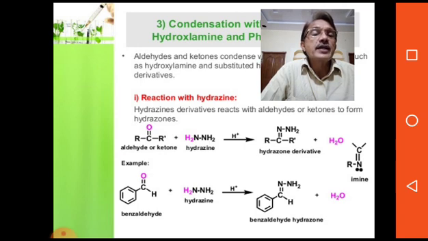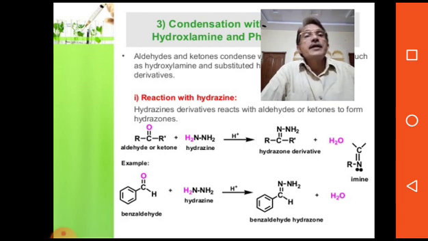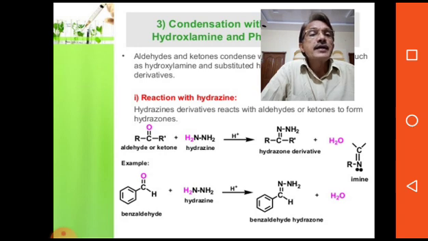Whenever an aldehyde or ketone reacts with hydrazine, it gives hydrazone. Example, when benzaldehyde reacts with hydrazine, it gives benzaldehyde hydrazone. It means that aldehydes or ketones when combined with hydrazine form hydrazones.